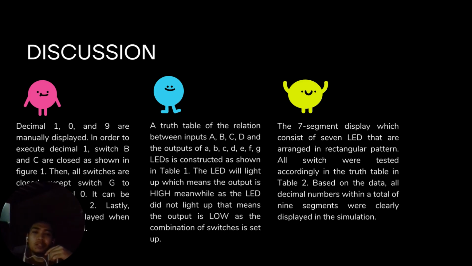The display numbers that are clearly shown are 1, 2, 3 until 9, as we can see from the table just now. For example, for the input 0101, switches B and E are low while others are high to display decimal 5. Other than that, decimal 8 is displayed when the outputs are all high.